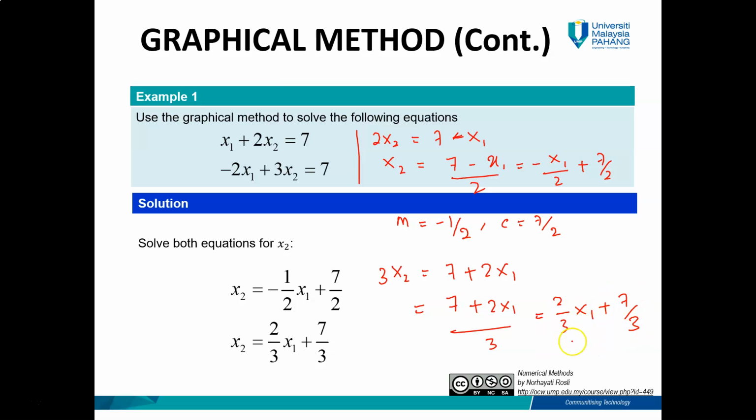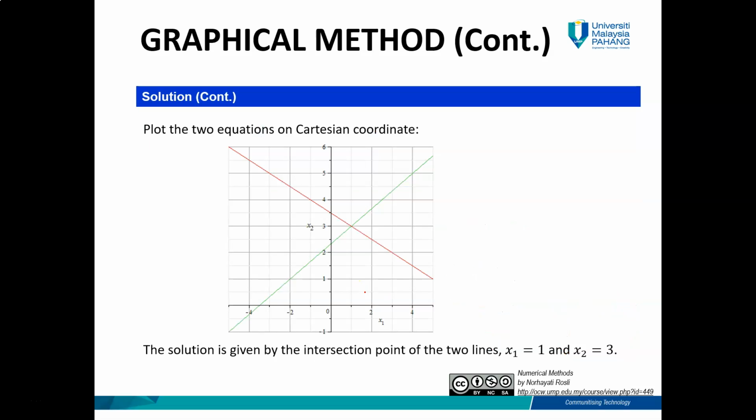In this case, class, we can see this is our m and this is our c. So we got all these equations, and from here you can draw a graph for these linear equations. It means that when you plot the two equations on the Cartesian coordinate, you will have the graph of x2 against x1.